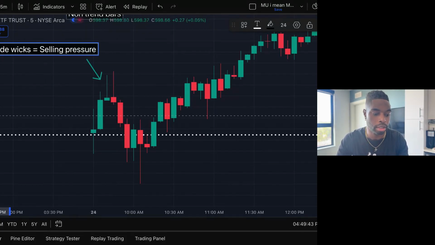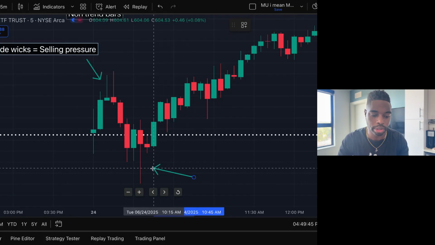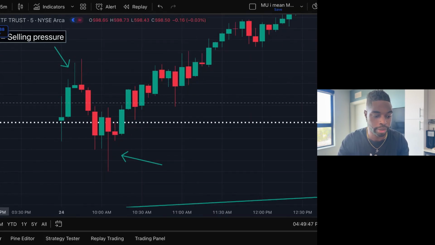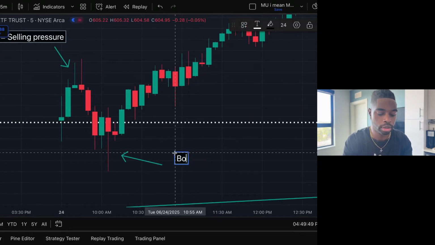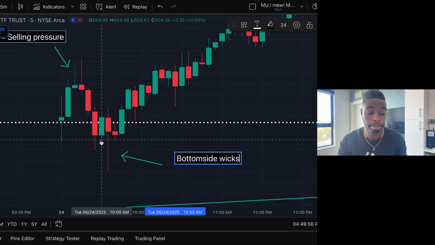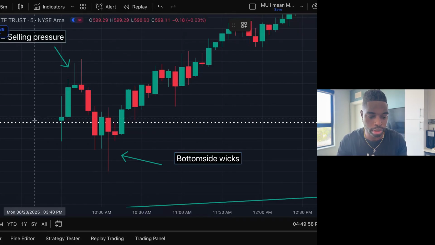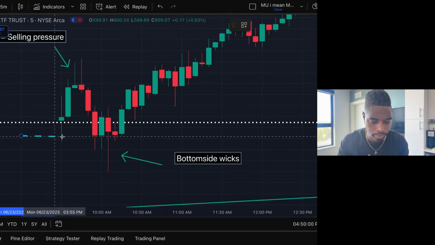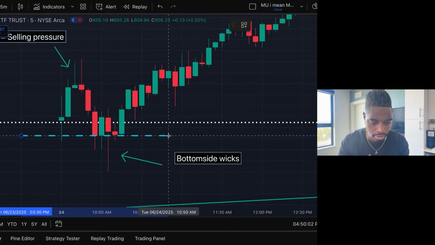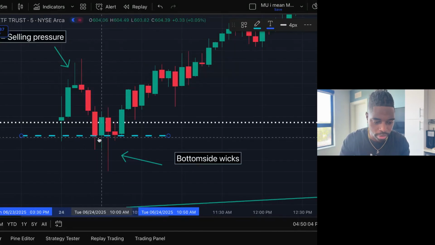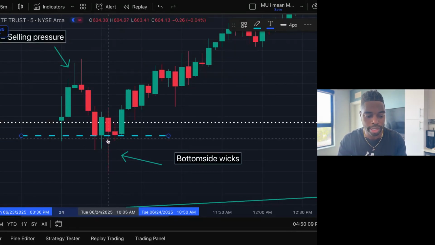And then what about bottom side wicks? Well, it's just the opposite. Bottom side wicks are telling you that there are buyers here. And look how cool this is. We're sitting right at an even level. Look at these close, open, close, open, right at that same spot.